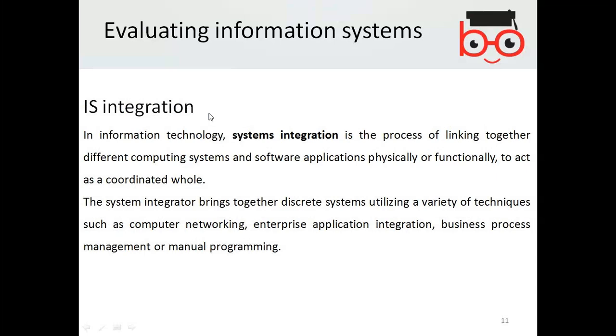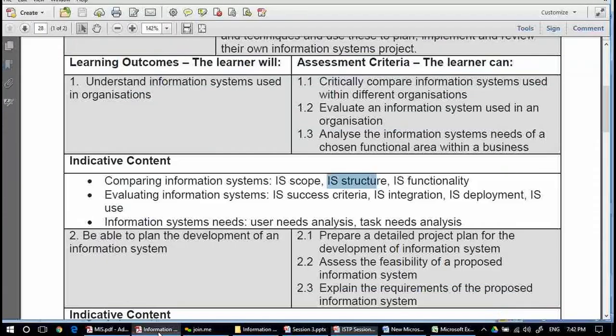So we are basically discussing the evaluation here. Evaluation of information systems. So success criteria is important, then integration is important, deployment is important, and how it is used.